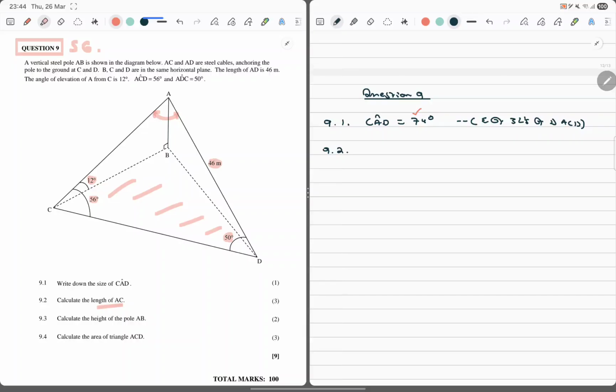Calculate the length of AC. That's easy. We want that length, so we can use the sine rule.